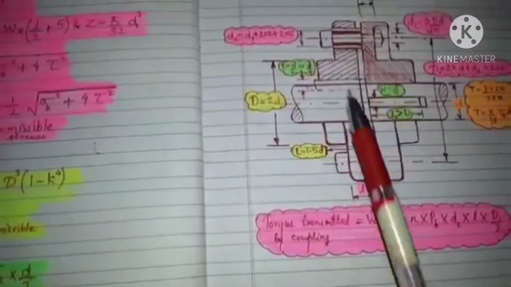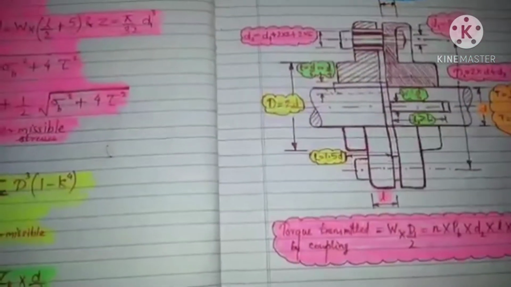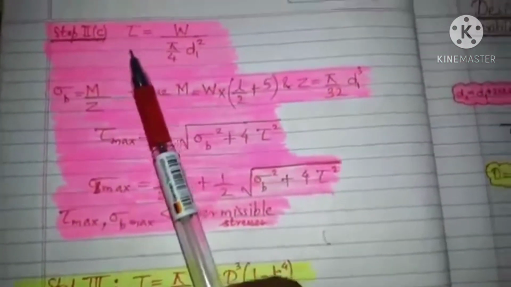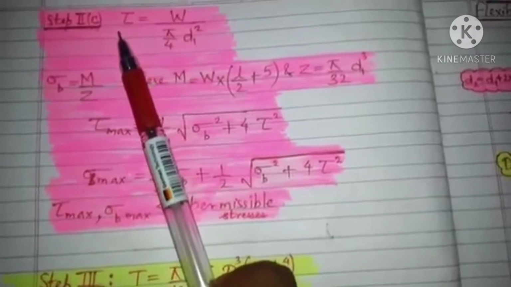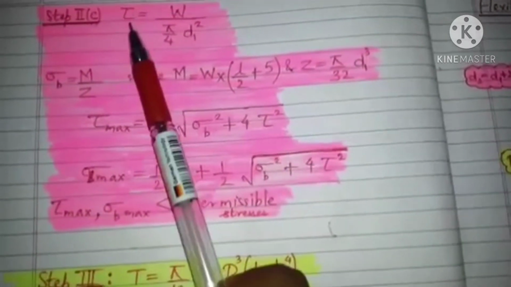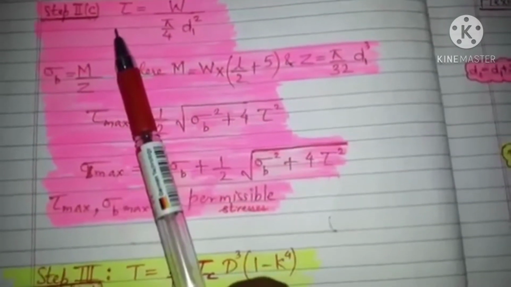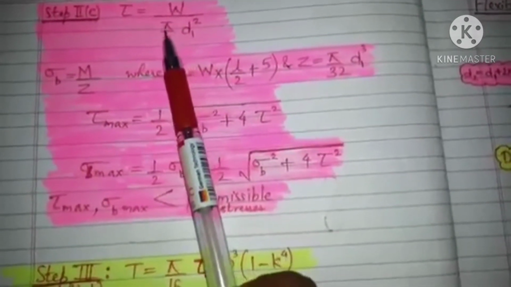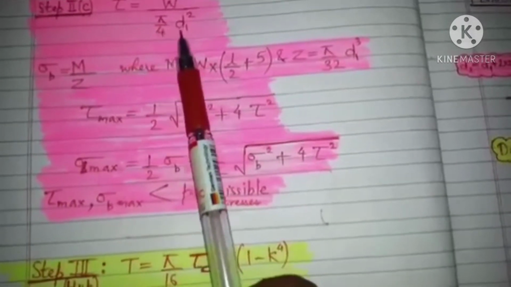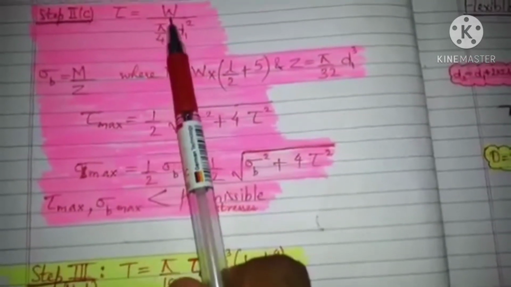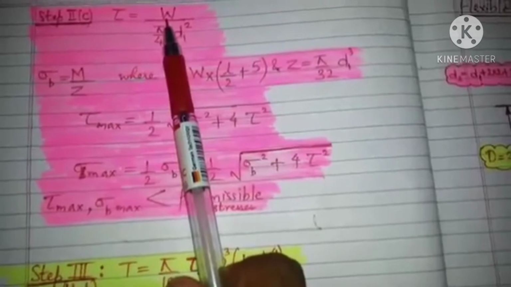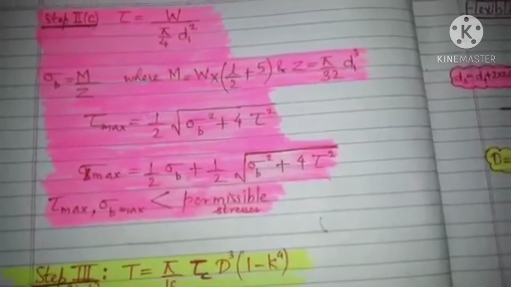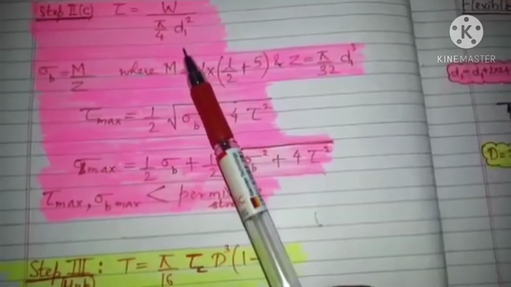Once we have designed these dimensions, we will look at the stresses. We need to find the direct shear stress in the coupling halves. Direct shear stress is equal to W divided by pi by 4 d1 square. W is the bearing load on the pin and d1 is the diameter of the pin.